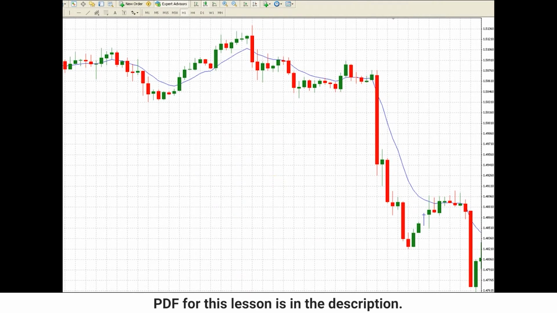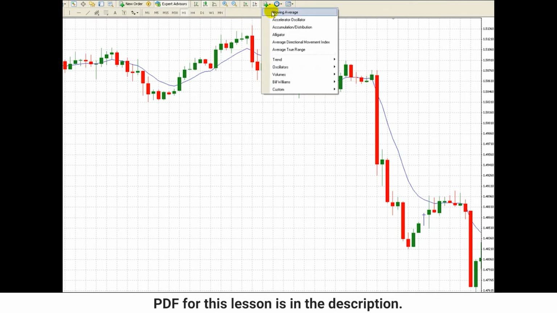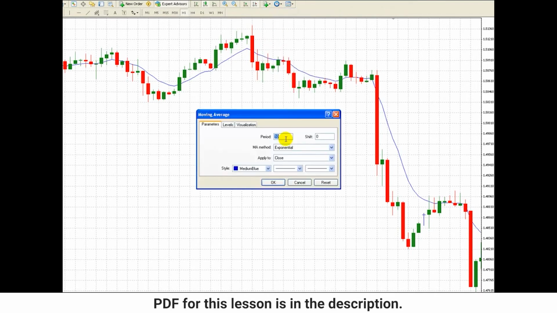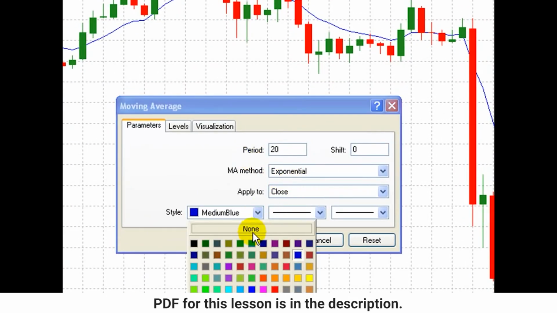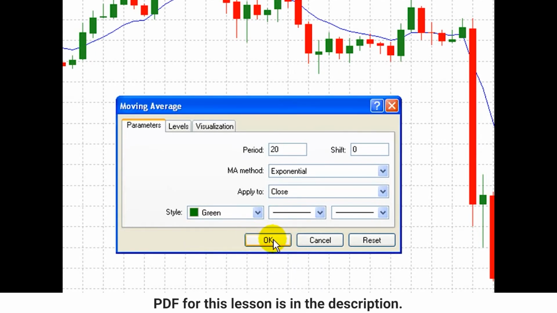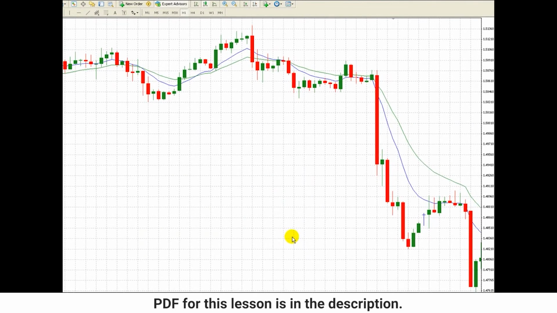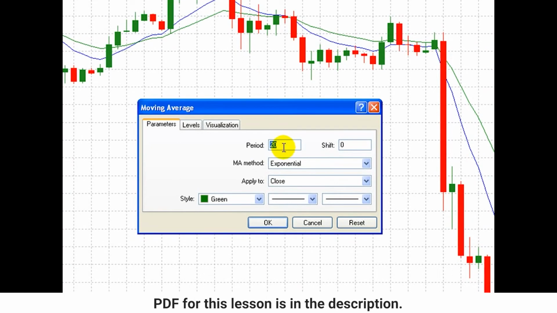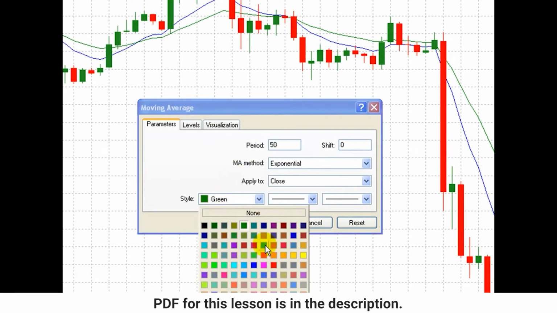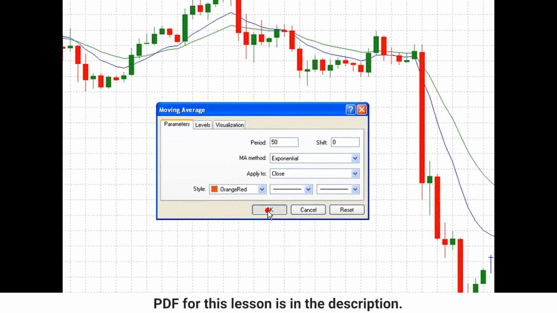Then we just do the exact same thing again. Click on indicators, click on moving average, and we select the next period, which is 20. Leave everything the same, all we need to do is change the color to green. Click OK. That's the 20 EMA. Then we do the same thing again: click on indicators, click on moving average, select the next period, which is 50, and change the color to orange.